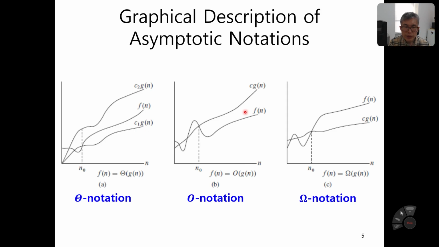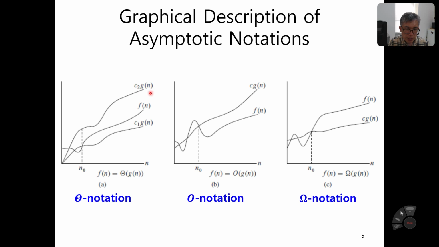We have 3 kinds of asymptotic notations, such as theta notation, big O notation, and big omega notation. You can see the target function f(n) is given, and then this f(n) is between c1 g(n), the lower bound, and c2 g(n), the upper bound.